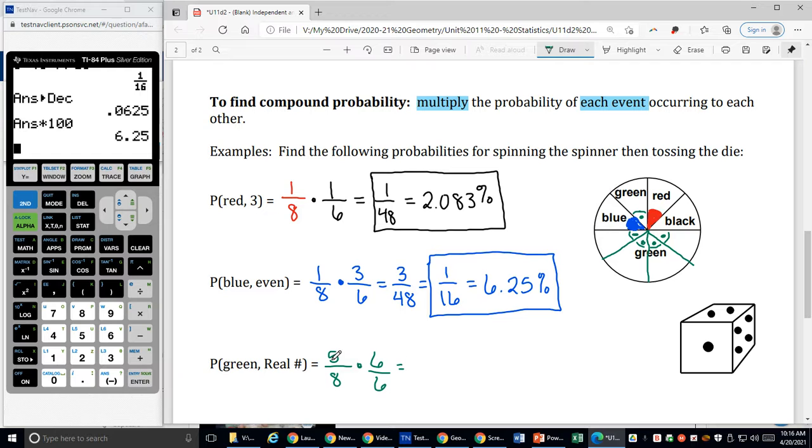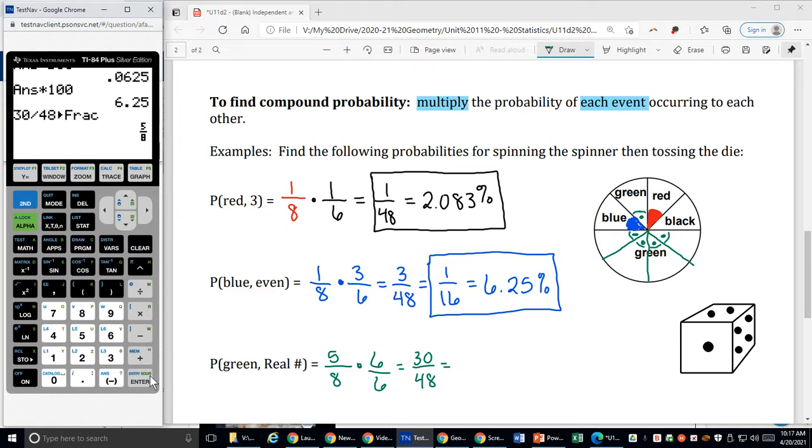It's going to happen. 5 times 6, 8 times 6, and when I reduce that, 30 divided by 48, math, fraction, enter, is 5/8, which makes sense because 6 out of 6 reduces to 1, right? And so 5/8 times 1 is just 5/8.